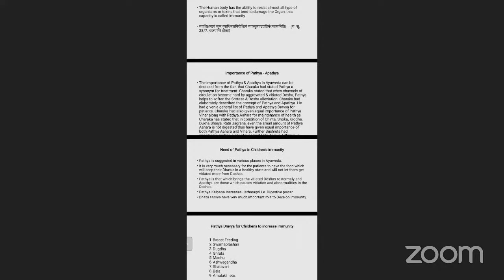It is very necessary for patients to have food which will keep their dhatus in a healthy state and will not let them get further vitiated by the doshas. Pathya is that which brings the vitiated dosha to normalcy, and Apathya causes vitiation and abnormalities in the dosha. Pathya Kalpana increases Jatharagni, the digestive power of the body, and Dhatu Samya, which has a very important role in developing immunity, as the verse says: Samadosha Samagnischa Samadhatu Malakriya, Prasanna Atma Indriya Manasvastaitya Bidiyate.